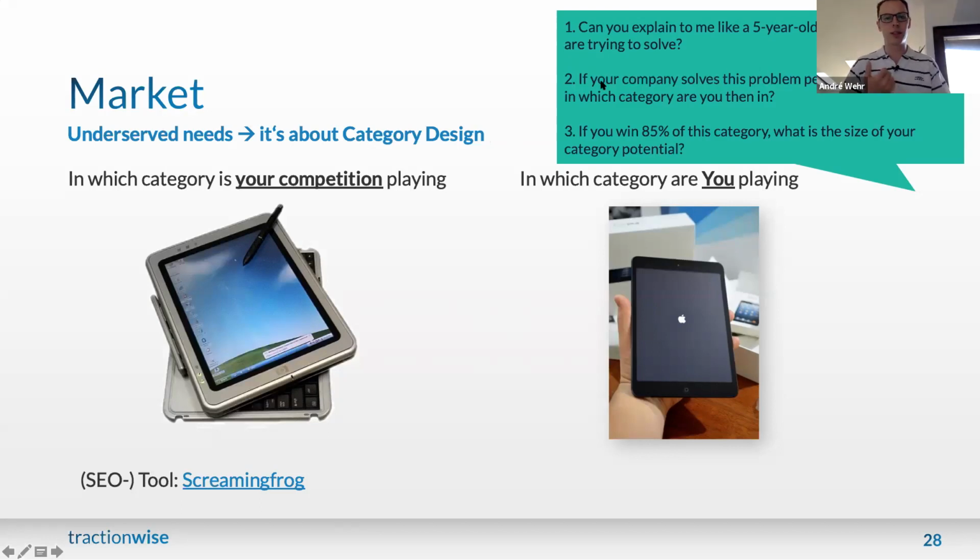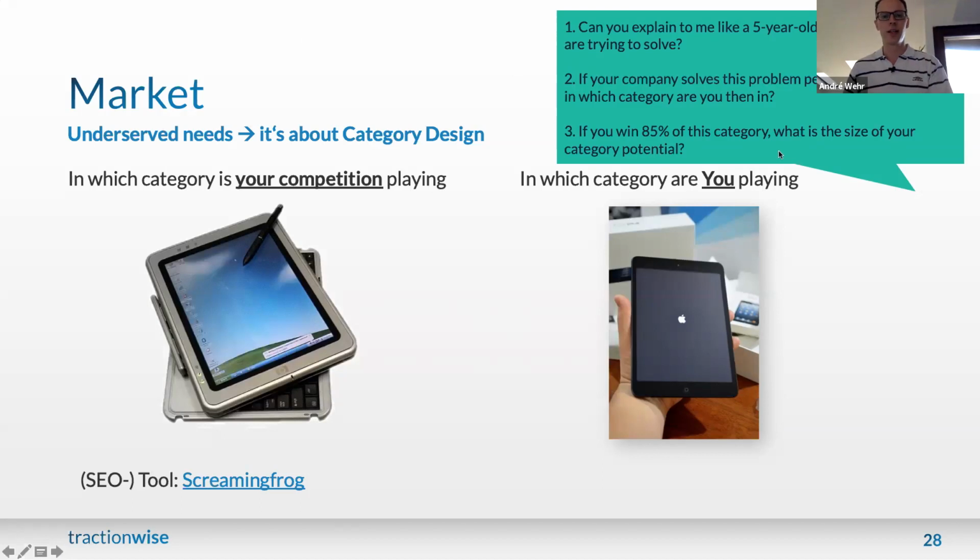The first is, can you explain to another person, or to me, like a 5-year-old, what problem are you trying to solve? So if you are trying to explain that either to your young child or to your grandma in very non-technical terms, what kind of problem are you trying to solve?